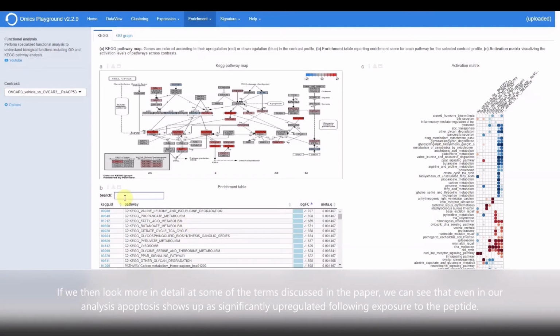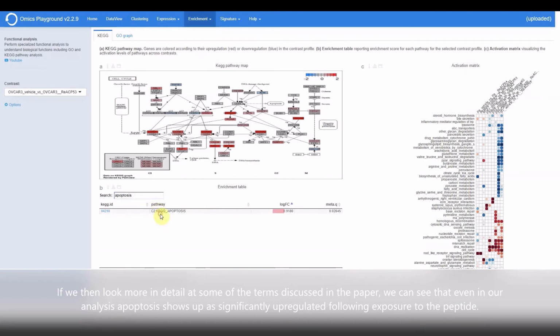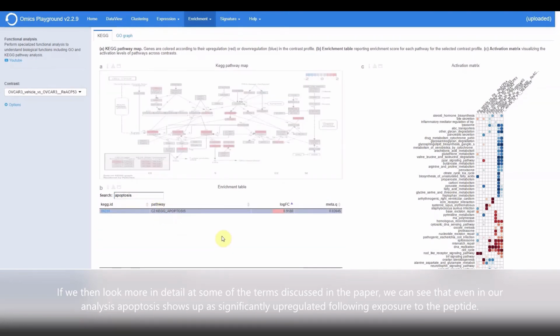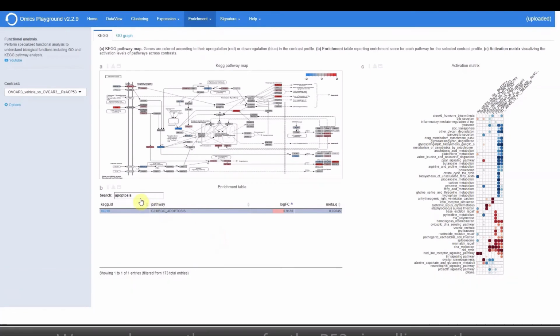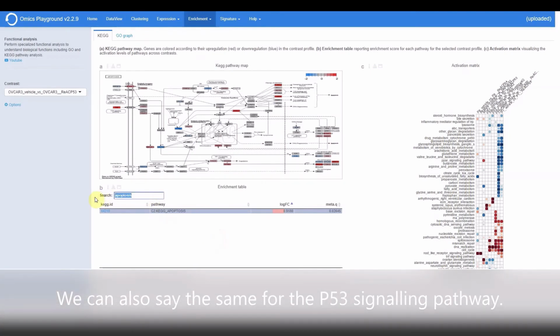If we then look more in detail at some of the terms discussed in the paper, for example apoptosis, we can see that even in our analysis, apoptosis shows up as significantly upregulated following exposure to the peptide. And we can also say the same for the p53 signaling pathway.